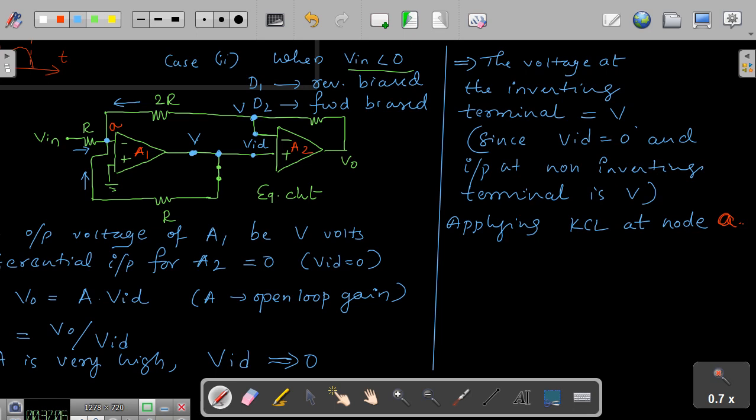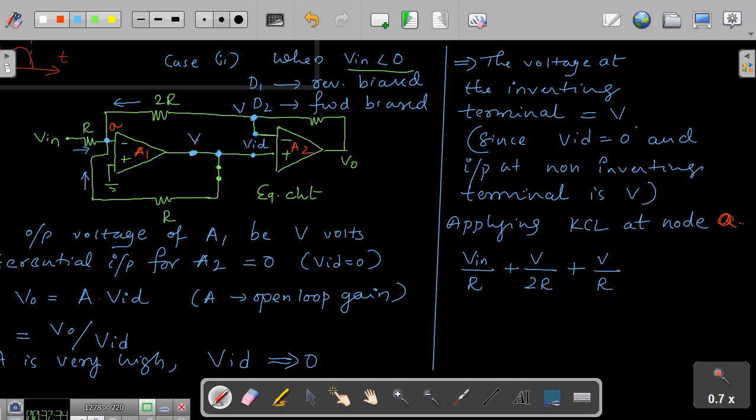The first current is what? This side, V in divided by R. That is the first current, plus V divided by 2R, this is the second current, plus V divided by R. Am I right?